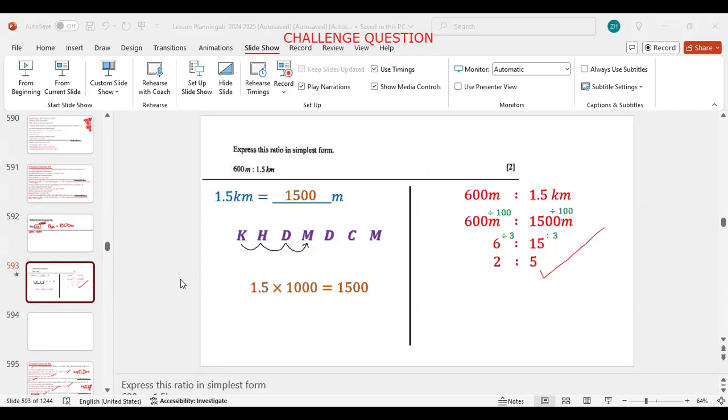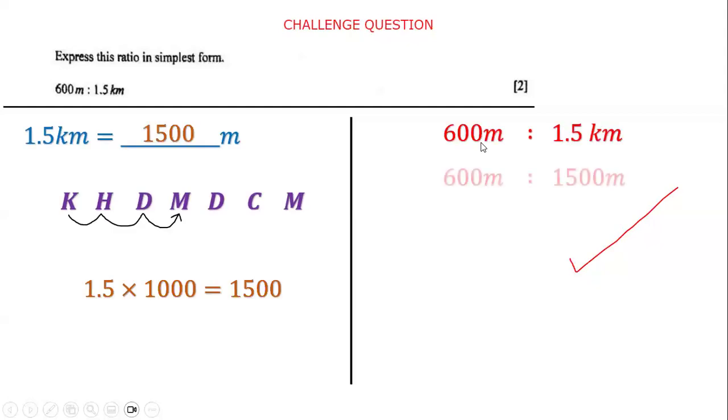I'm kind of confused too, because honestly, I don't remember kilometers and meters. Okay, so basically, what we did here is we took the 1.5 kilometers, and because they have to be in the same units. When we get to conversions, I'm going to show you an acronym, and then it's going to be easy.